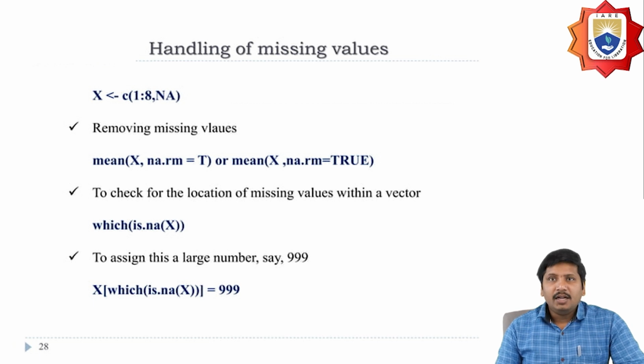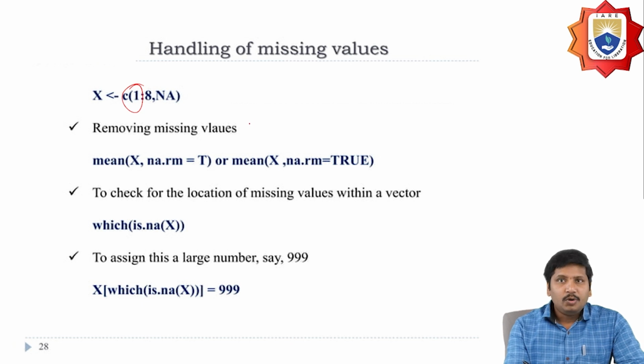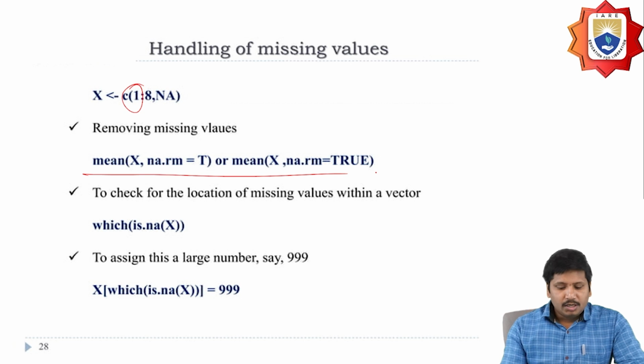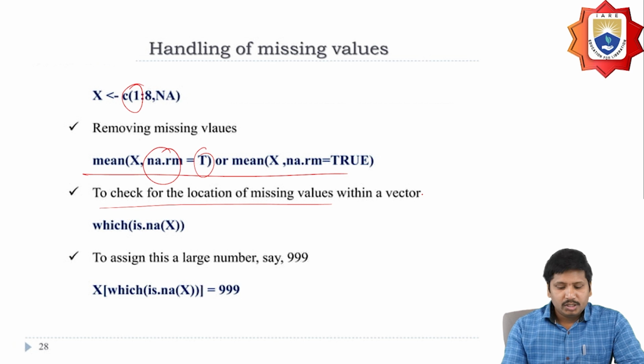Then handling of missing values. We can do that. Suppose I have created a vector, and how can I remove these values? We can use a function like mean of x with na.rm. By making use of this na.rm, where this value is true, I can remove them. Similarly, if I want to check the location of missing values in a vector, I can use is.na of x.